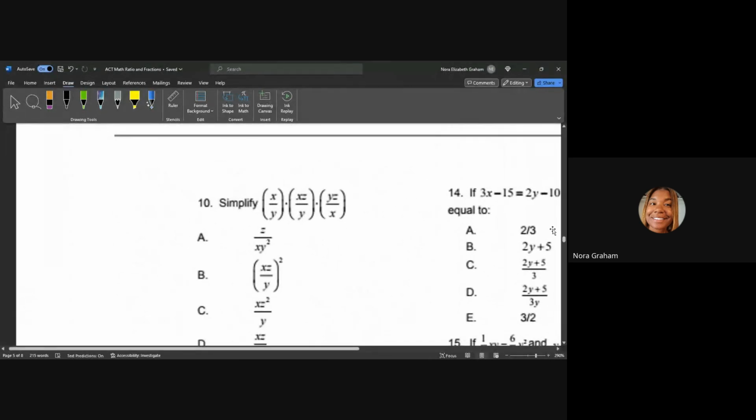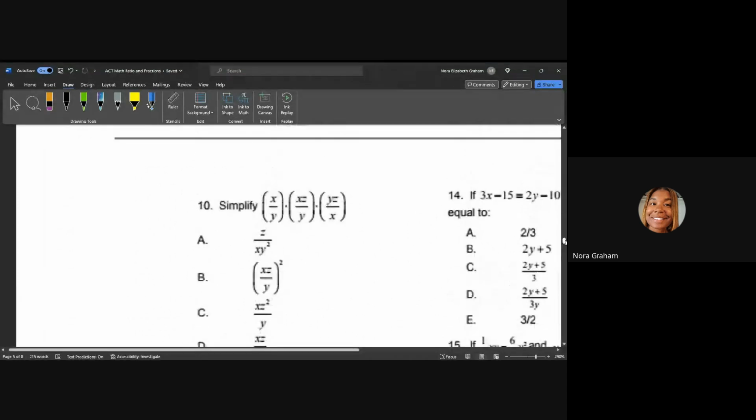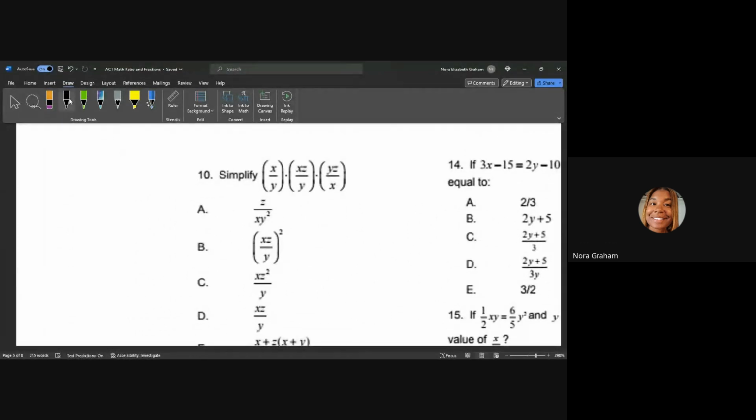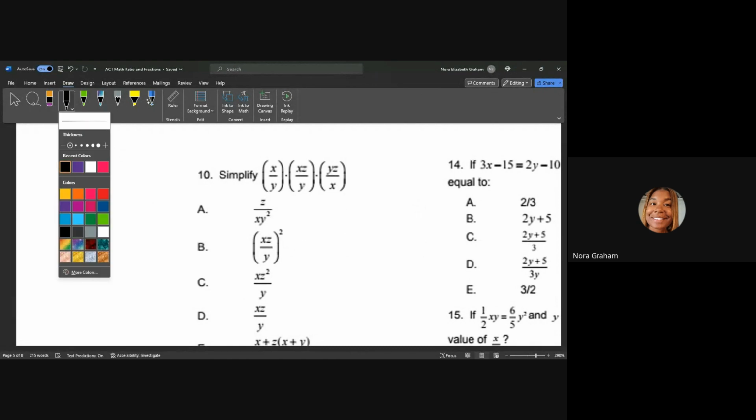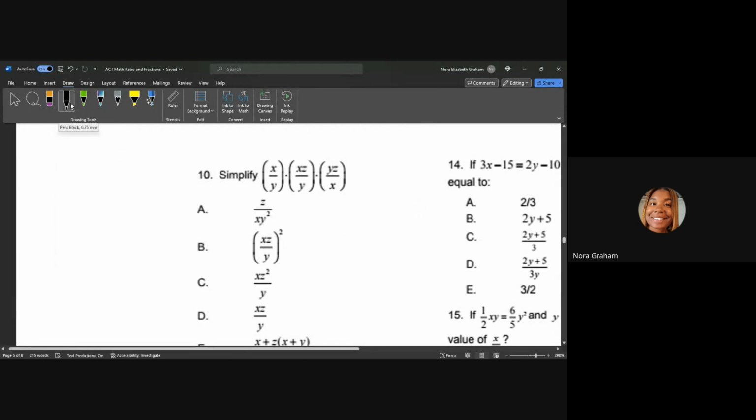So let's go ahead and start with number 10. This one, we're just going to simplify. For this one, we're basically multiplying our variables, kind of like multiplying fractions. But again, we want to remember our exponent laws. So let's multiply all this out.